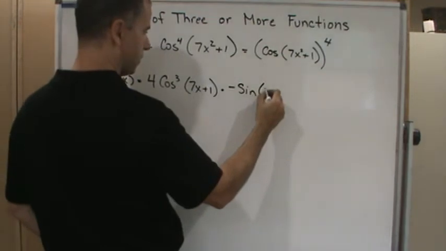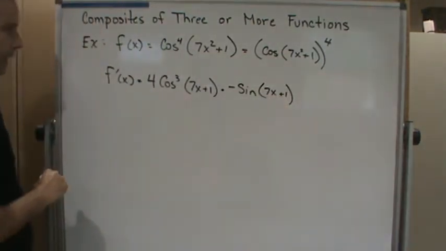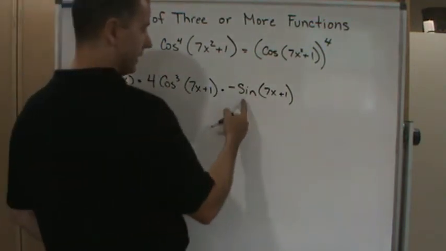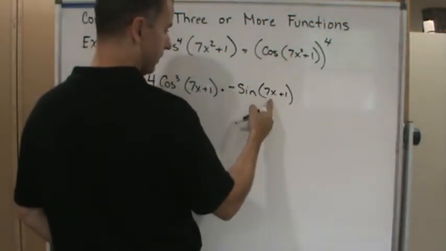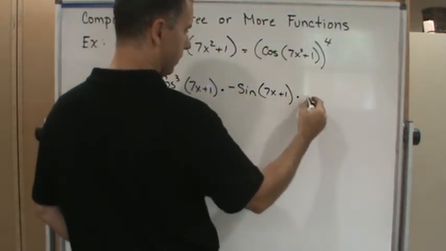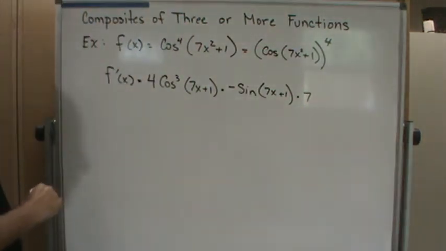The inside function, which is 7x plus 1, right? And now I'm going to go to the next inside function, which is this. So times the derivative of this, which is 7. And I'm done. Except for simplifying this, of course.